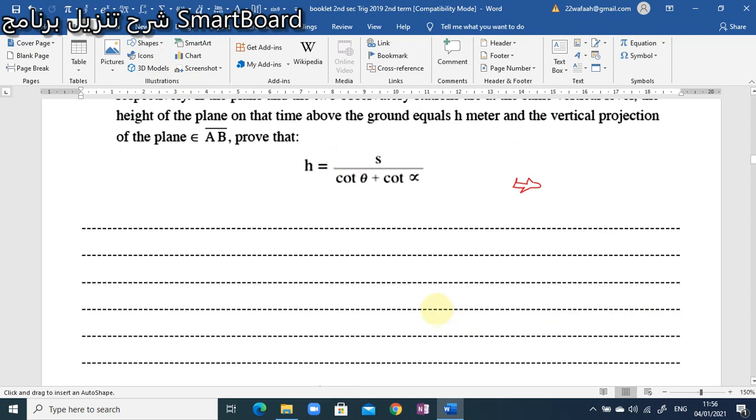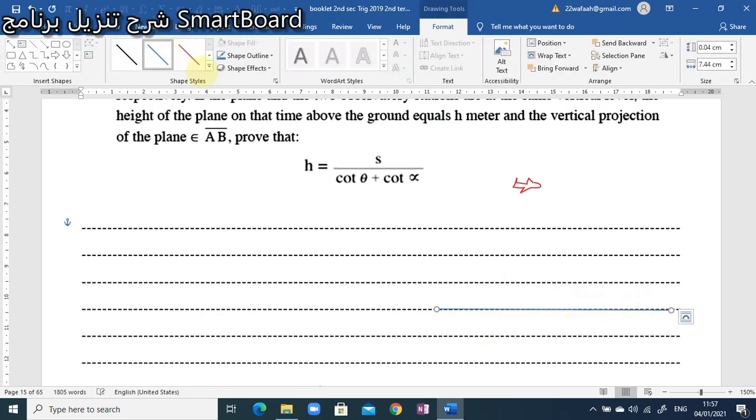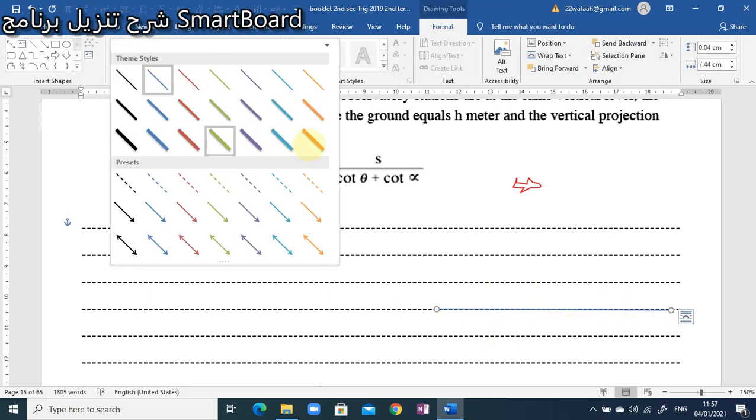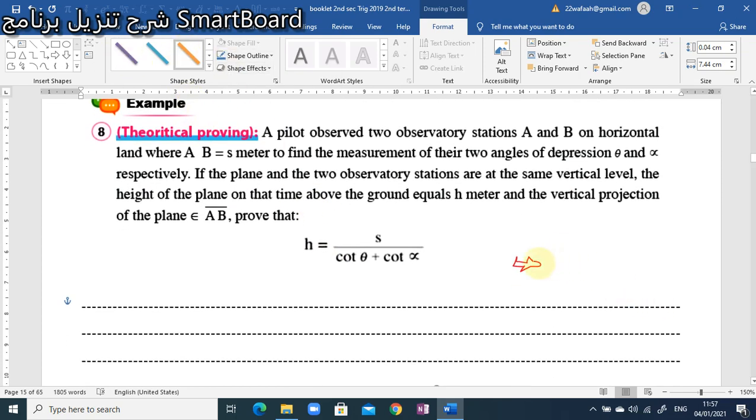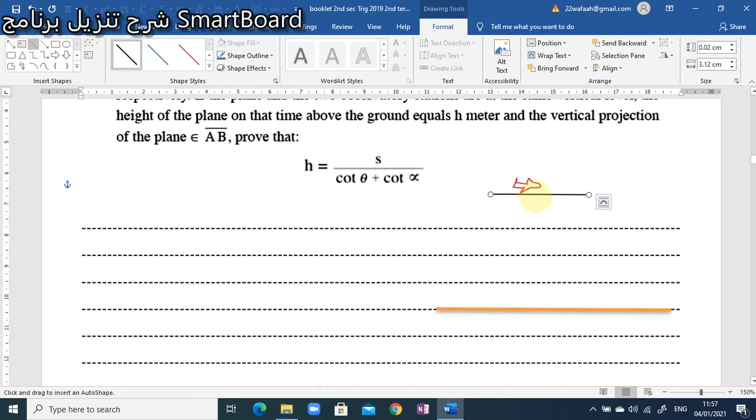This will be the ground. And from here, from the pilot, we can draw a horizontal line to draw the depression angle. The first angle from here to here is alpha, and the second is theta.